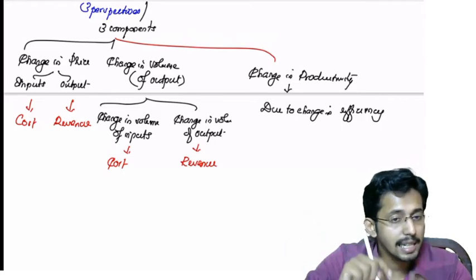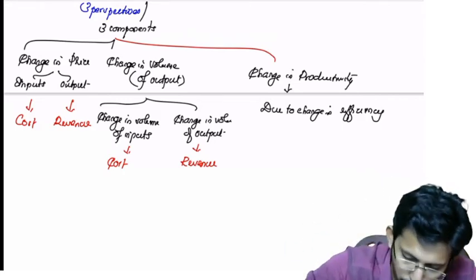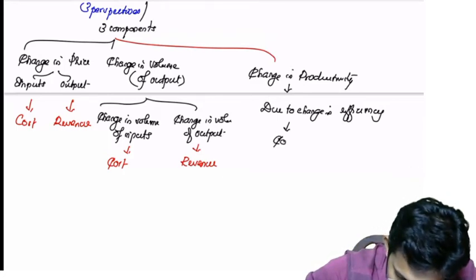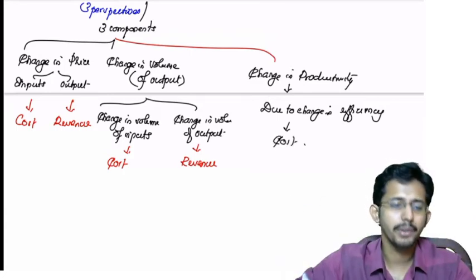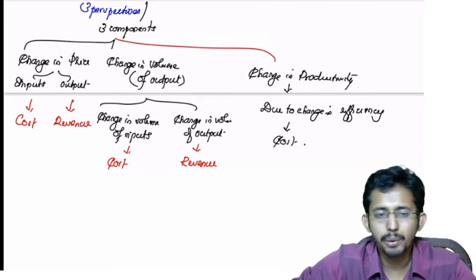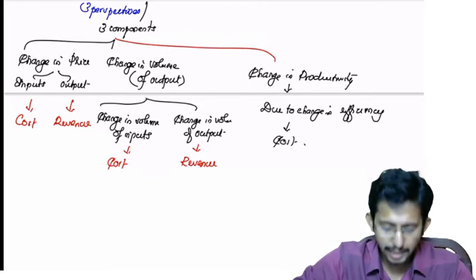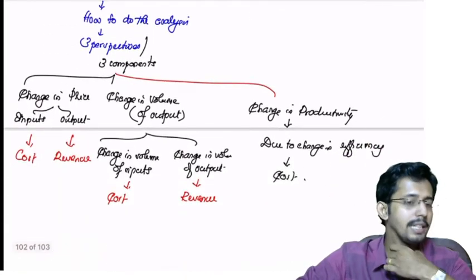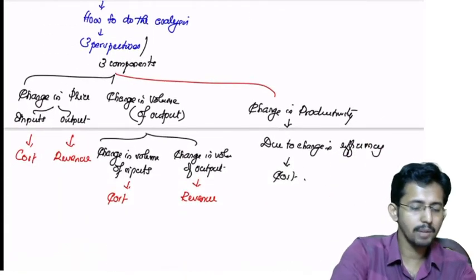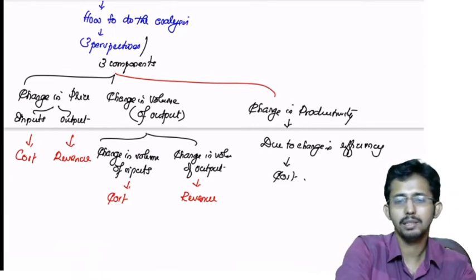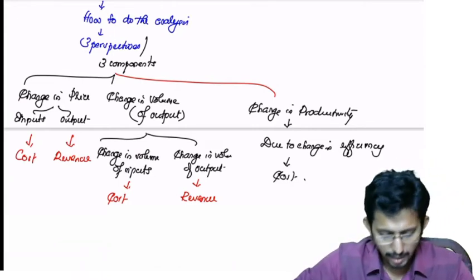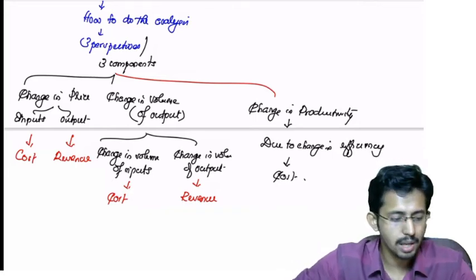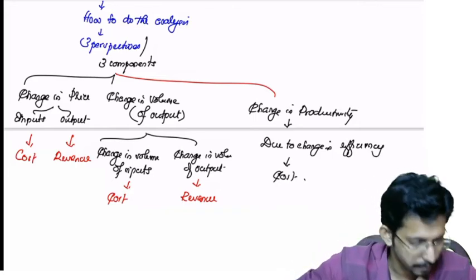If there is any change in the productivity due to change in efficiency, whether it is an increase or decrease, it will affect only cost, with no impact on the revenue. Are you following? So these three are the components which affect the operating income of one year vis-a-vis the operating income of the previous year. And you are analyzing the various reasons from each of these perspectives.